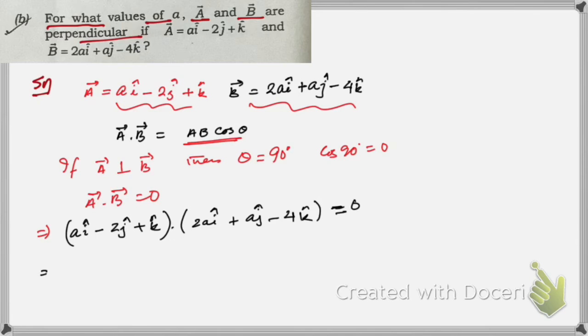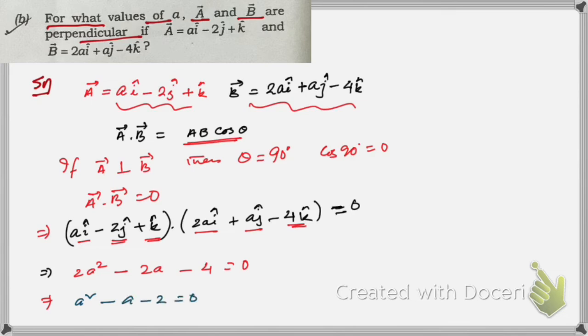So hope you know how to find a dot product. So a i cap times 2a i cap, that's going to be 2a square, then minus 2j cap times a j cap, so minus 2a, right? Then this one and this one, minus 4, is equal to 0, and dividing each term by 2, you will get a square minus a minus 2 is equal to 0.